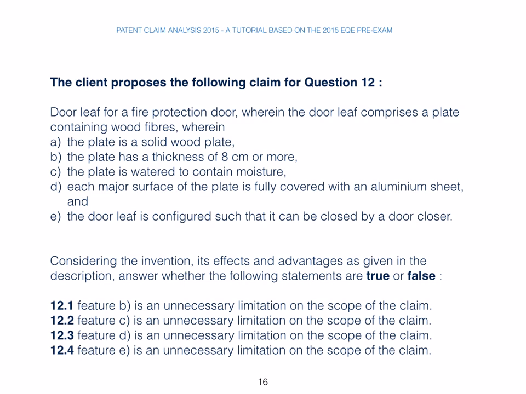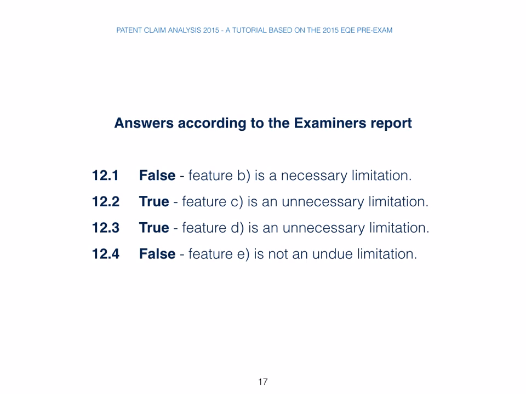And for the door closer, look in paragraphs 2 and 18. When you've looked up those paragraphs, make up your mind whether each statement is true or false, and then we'll go straight to the answers and check the answers for question 12 with the examiner's report. So over we go, and here are the answers.